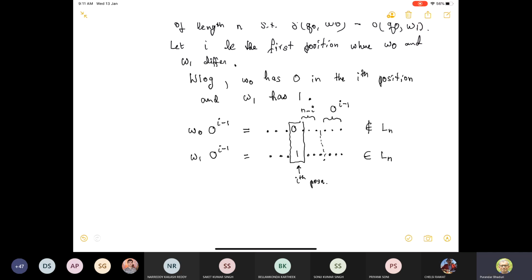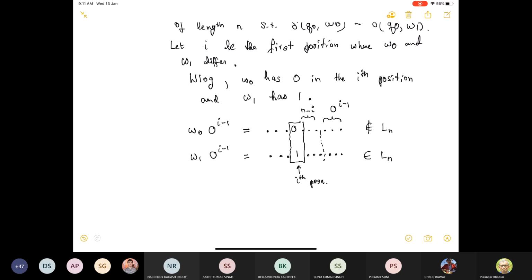Whereas the one at the bottom has a 1 in the nth bit from the right. Okay. Oh, by the way, maybe I didn't explain this notation. When I write 0 to the power I minus 1, I mean I minus 1 zeros.